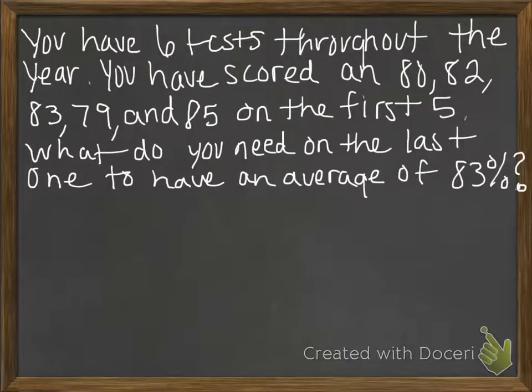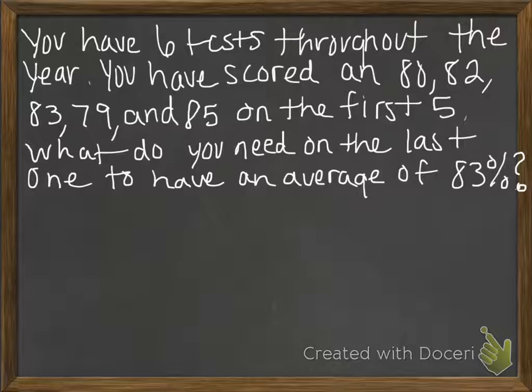All right, and then finally, this is going to be the hardest problem that you see from this section. You have 6 test scores throughout the year. You have scored an 80, an 82, 83, 79, and 85 on the first 5. And you want to figure out what you have to score on your last test to average an 83. Well, average, remember, is just a fancy way to say mean. And to find mean, we have to add them all up and divide by the number there is.